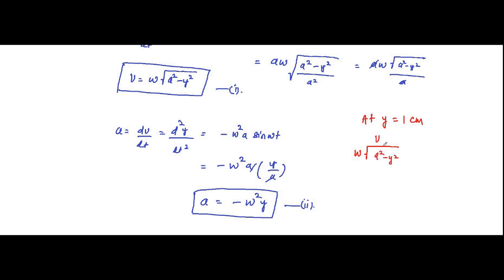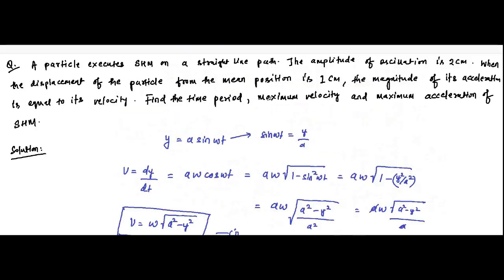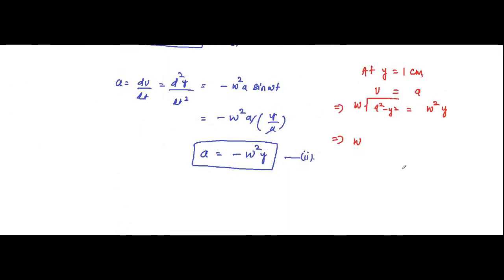That is equal to the acceleration, where we are only considering the magnitude, omega square y. So when we substitute the values, the amplitude a equals 2, so it is omega into root of 2 square minus 1 square is equal to omega square into 1.